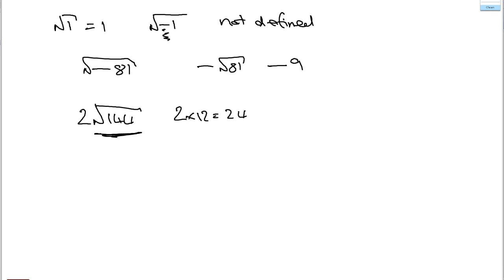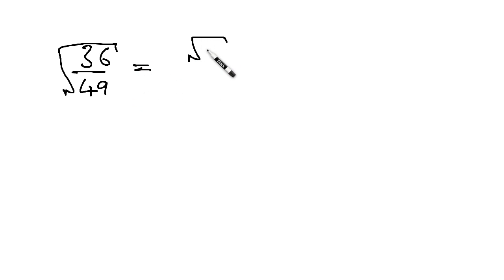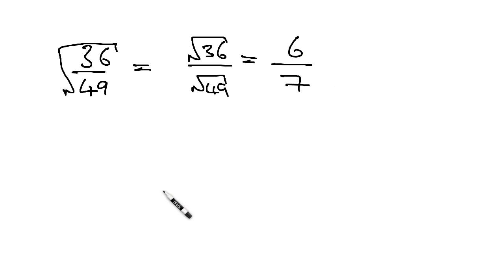Now I'll quickly do a little bit on fractions. If I have the square root of 36 over 49, that's just the same as saying the square root of 36 over the square root of 49. Square root of 36 is 6, square root of 49 is 7. Easy.